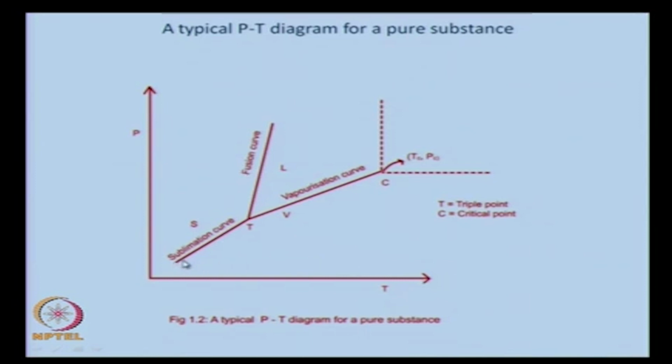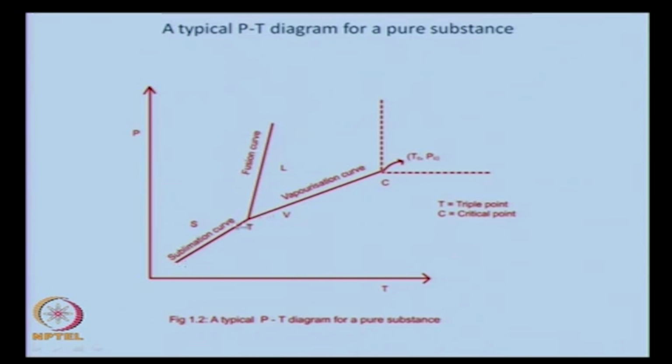In this region, I mean the combination of temperature and pressure values, the substance is a solid, which is indicated by S. In this region of temperatures and pressures, the pure substance is a liquid, and in this region of temperatures and pressures, the pure substance is a vapor.